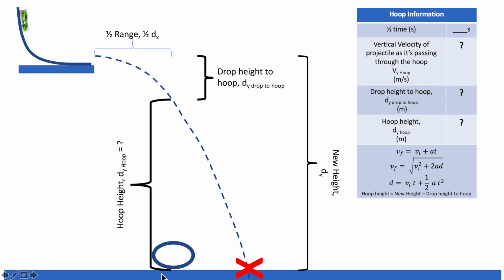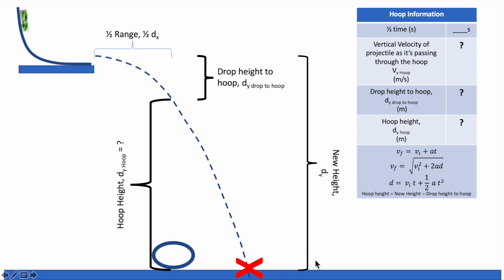Now, the calculation that you're going to be doing here first is you're actually going to be finding how far would it drop. So, using this half time and using the formulas here, treat it as though you're dropping an object straight down, as though the initial velocity is 0. And so if you know the time for it to fall down at this point right here, you can find out how far did it drop.